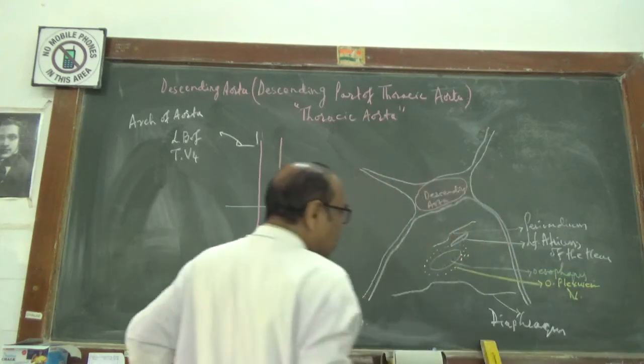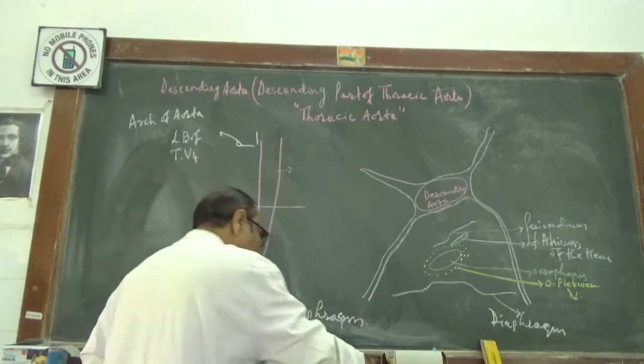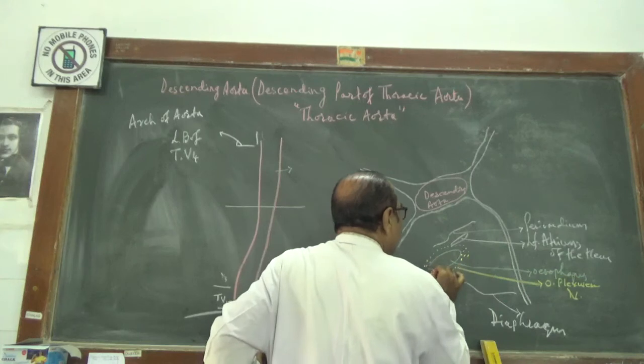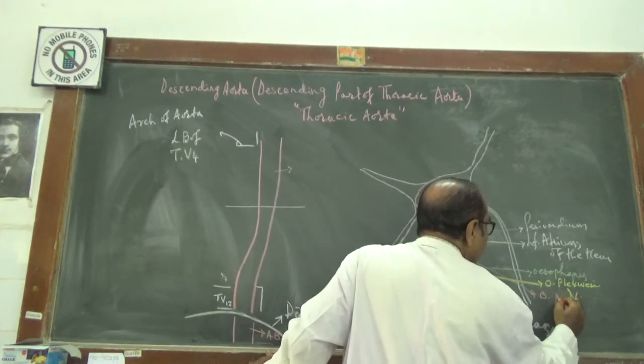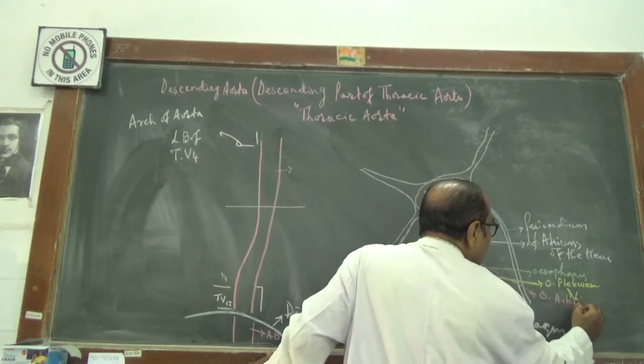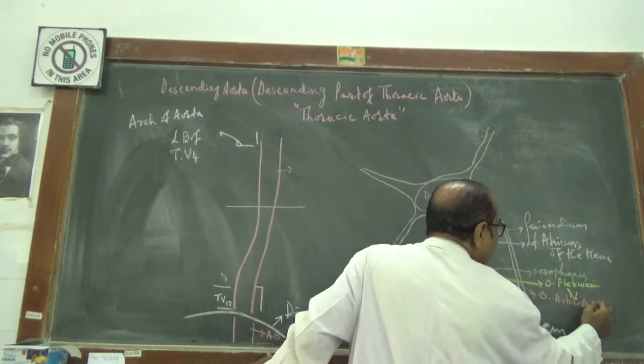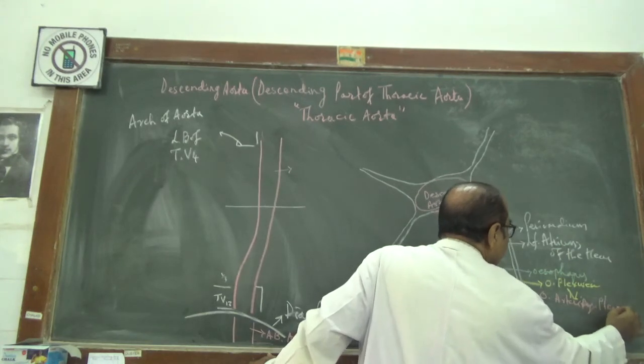Those are nothing but the autonomic nervous system. Then you will get the esophageal arterial plexus.